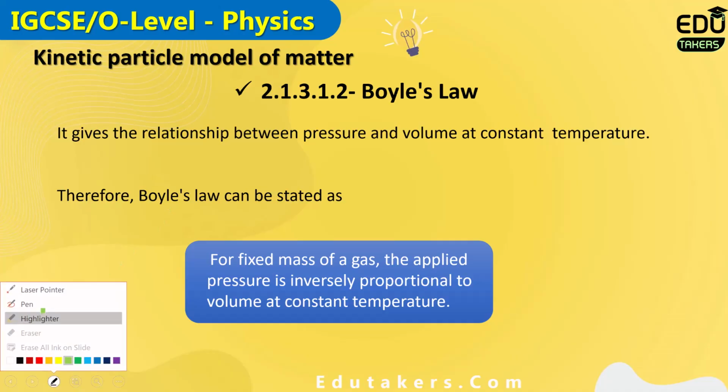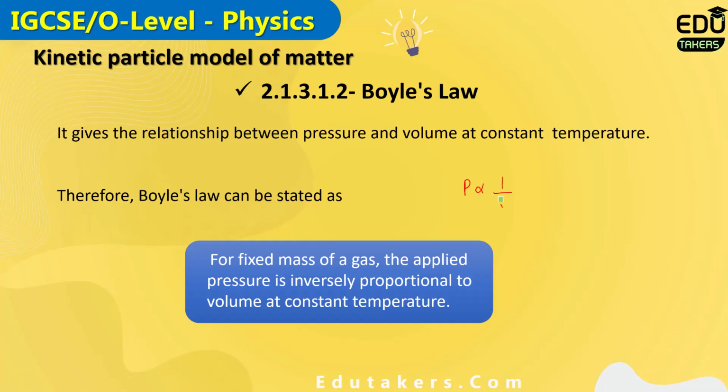I write here, pressure is inversely proportional to the volume by keeping the temperature constant. The temperature should be constant, it does not change. So when both of these are inversely proportional to each other, what does this mean?